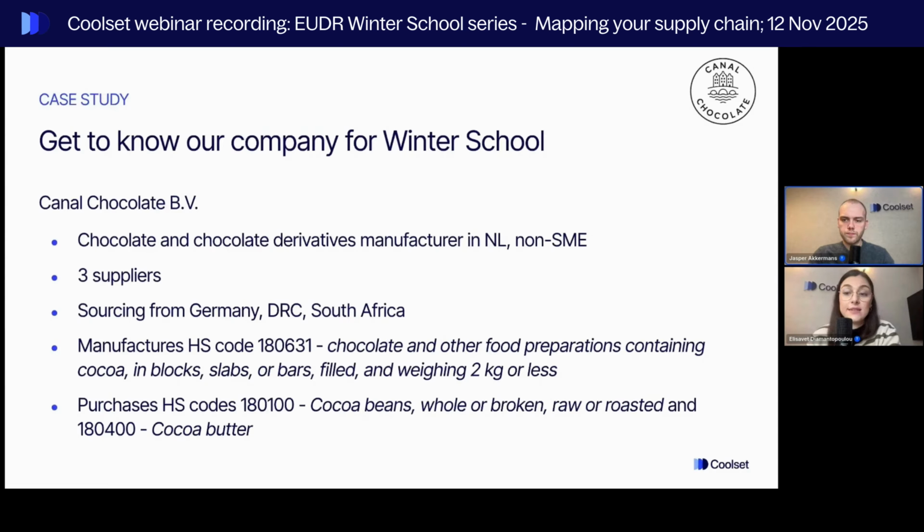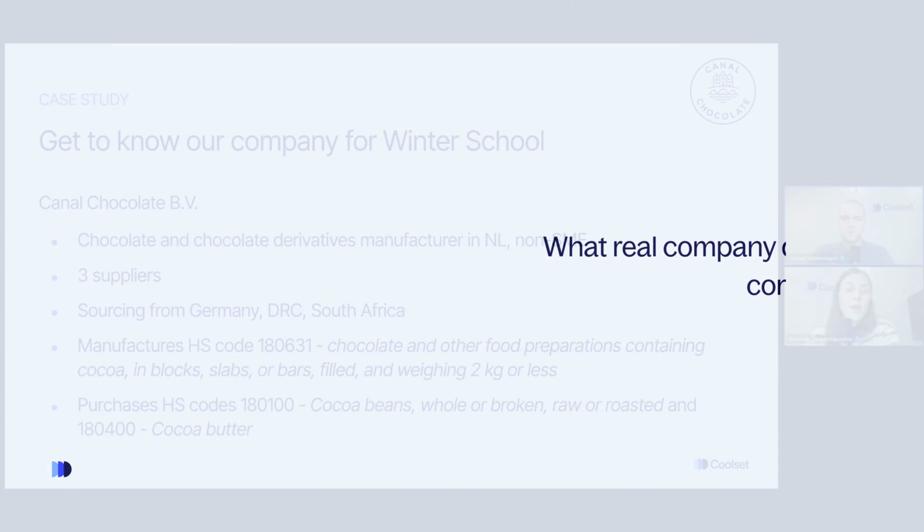They also checked the customs clearance documentation, and they found out that they only purchased 2 HS codes from their suppliers: HS code 180100, cocoa beans, whole or broken, raw and roasted, and 180400, cocoa butter. So now they know exactly what they purchase and exactly what they manufacture and from which countries and from which suppliers.